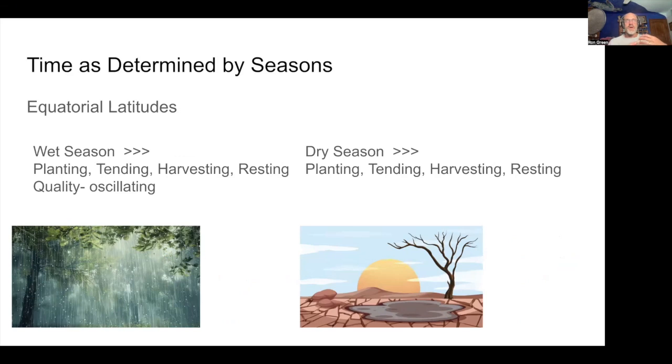For example, one of the things that I've learned over this last month of researching is that in the southern part of Uganda, you have a wet season, a dry season, a wet season, and a dry season. So two wet and two dry seasons. Whereas in northern Uganda, in Gulu, there's really a large wet season and then a smaller dry season.